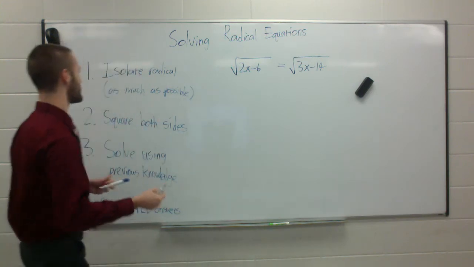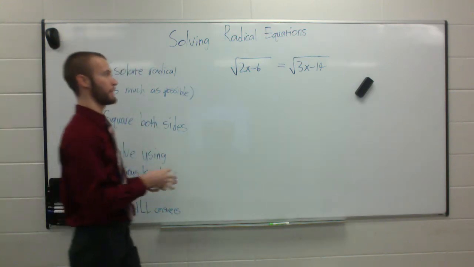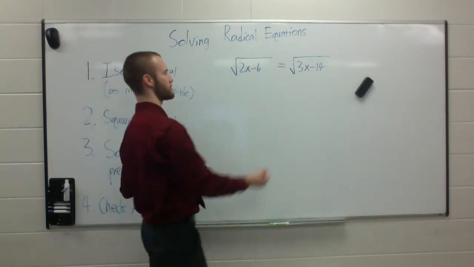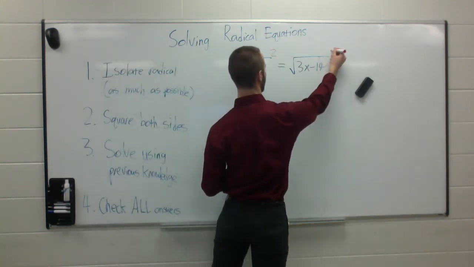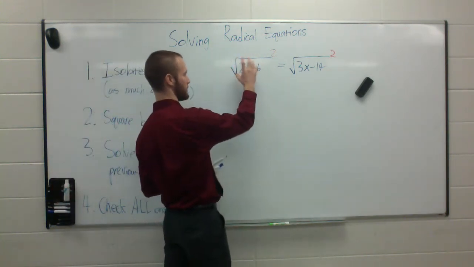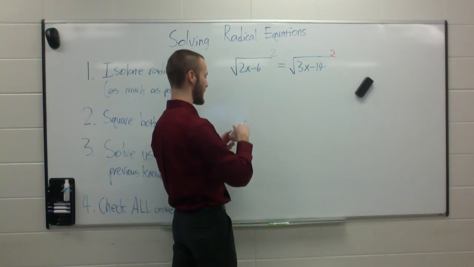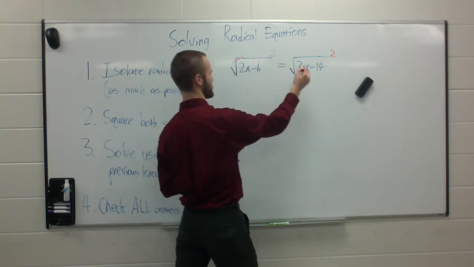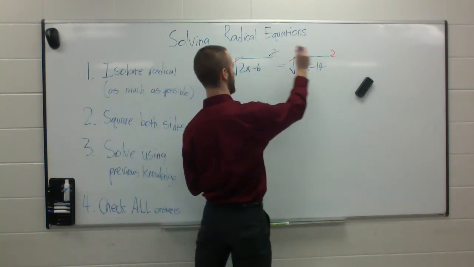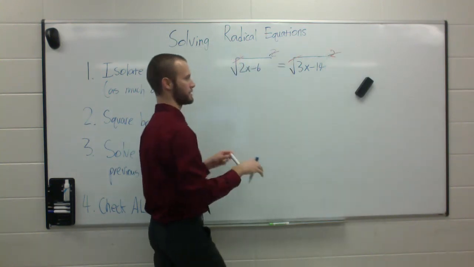Now, the first thing we want to do is isolate radicals. Are they isolated? Are they on one side by themselves? And they are, so we can just go ahead and square both sides right off the bat. Now again, if I square a square root sign, all that happens is the two operations cancel out, right? So I'm left with whatever was inside of those square root signs.